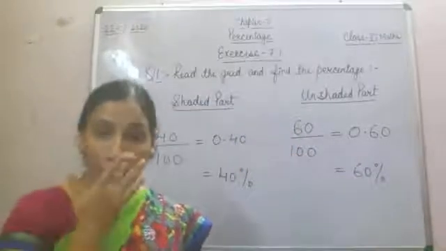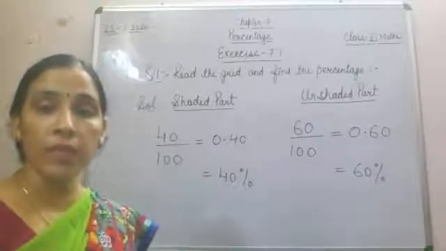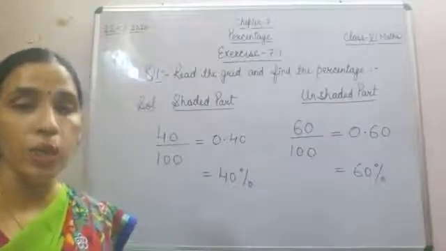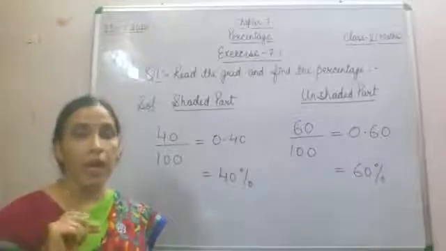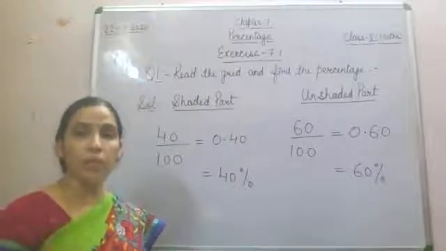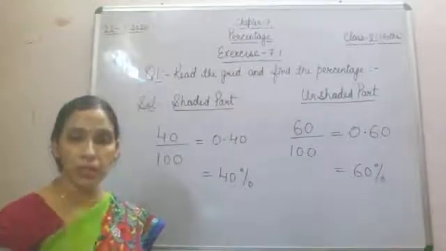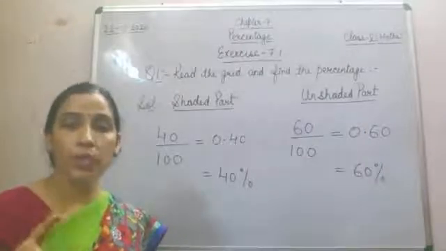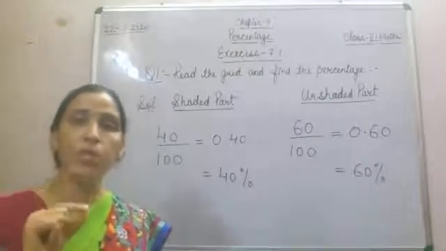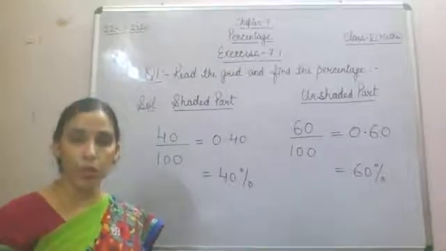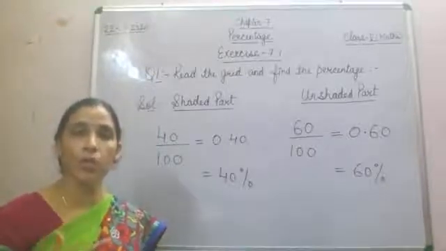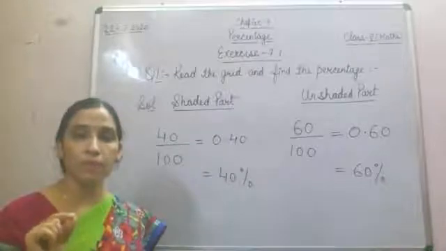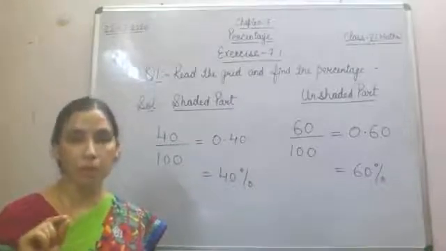Now children, question number 2 of this same exercise is, you have been given a grid and you are supposed to represent the particular percentage which is given to you. So how do we do that? You can draw this grid in your notebook and then you will shade that particular percentage.